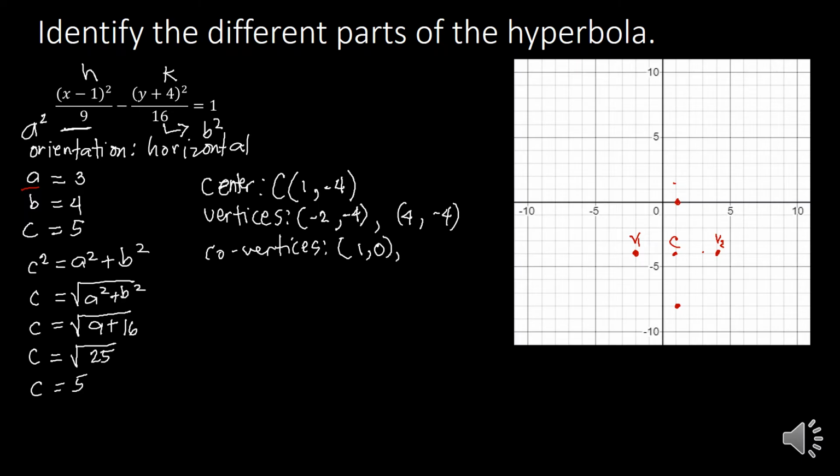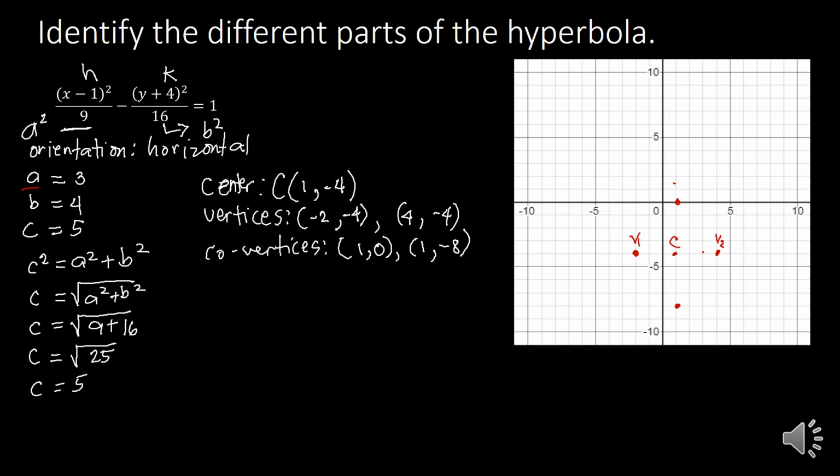Next, the bottom covertex is at 1 on the x value, and then we've got this one as negative 8. From here, we've got negative 6, negative 7, negative 8. That is negative 8. So those are our covertices.